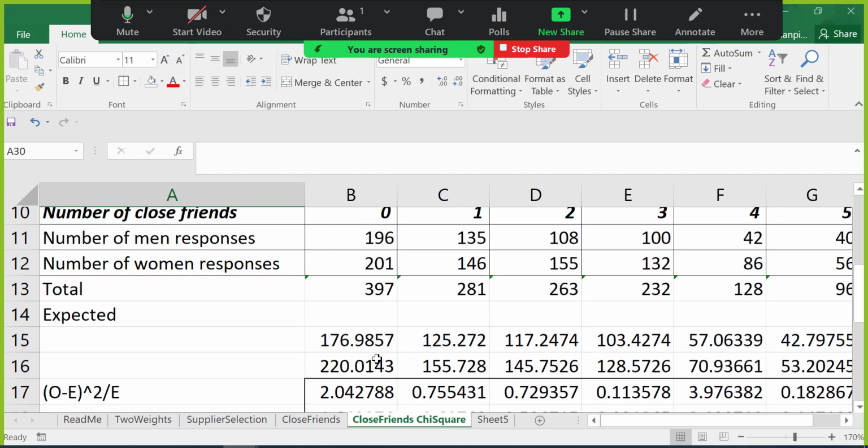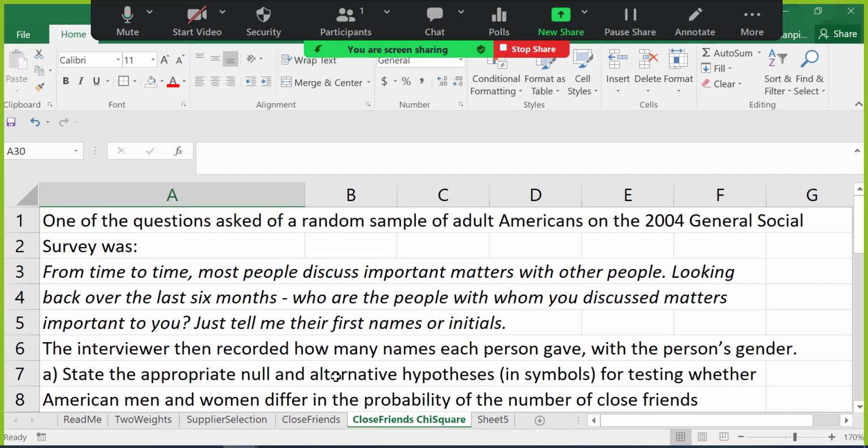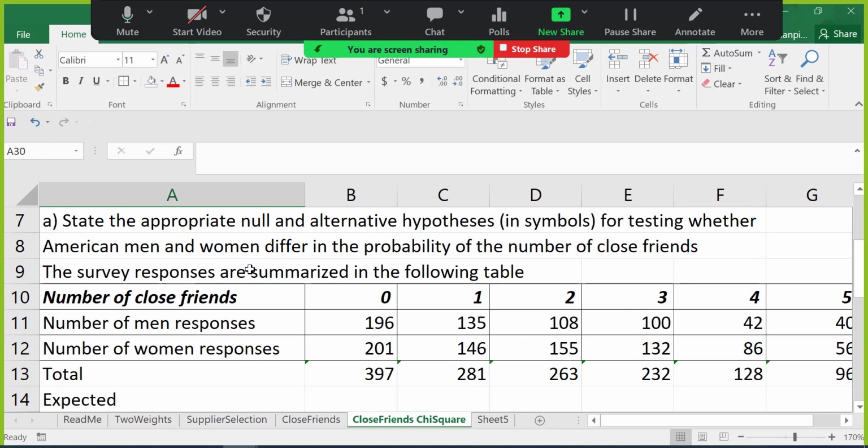Okay, so this is the chi-square test. It can answer some questions about the data, or you extract information from your sampling data.